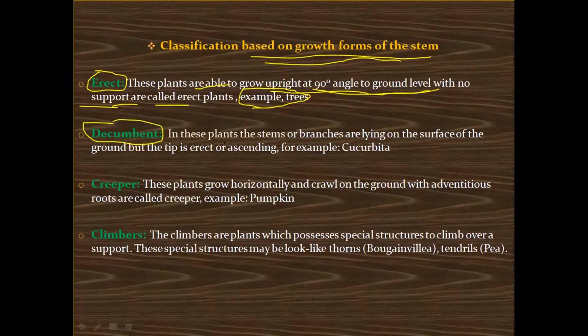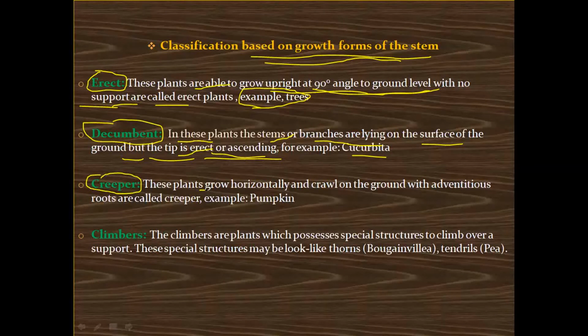In the decumbent plants, the stems or branches are lying on the surface of the ground, but the tips are in an erect or ascending position. For example, cucurbita. The next one is the creeper plants.